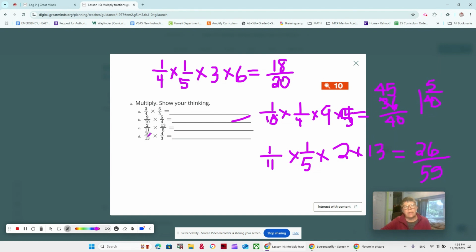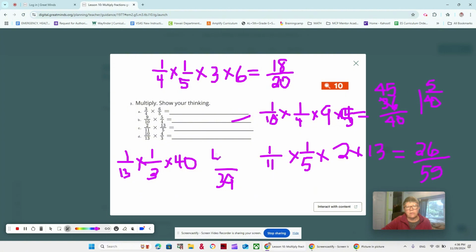Okay? And then 10/13 times 4/3, once again, 1/13 times 1/3 times 10 times 4. I'm just going to write 40, 10 times 4. And that would be 13 times 3, 39. It's okay to write it out if you need to, right? 3 times 3 is 9. 3 times 1 is 3.